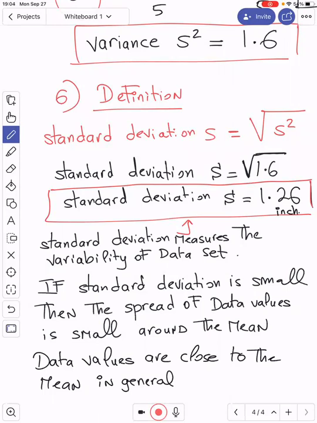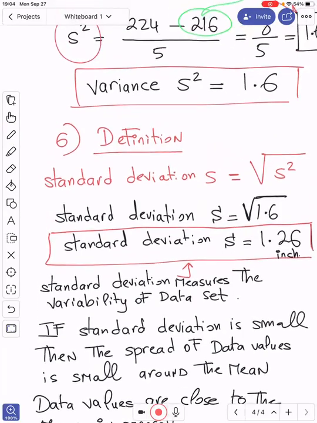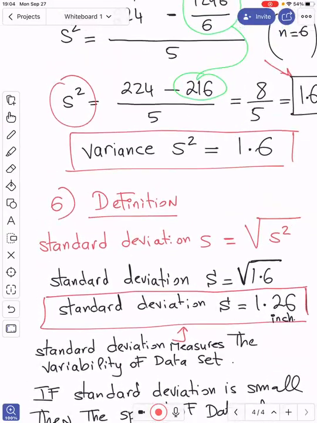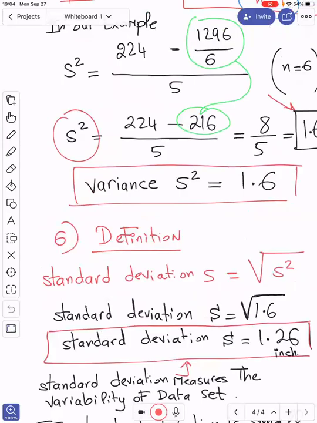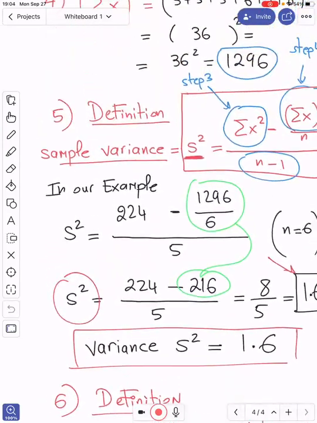We're going to do the other hybrid, hybrid A, and we can compare the two standard deviations. But for hybrid B, the standard deviation of 1.26 is a small number, which means that if you take a data value, in general it is going to be very close to the mean or the average.